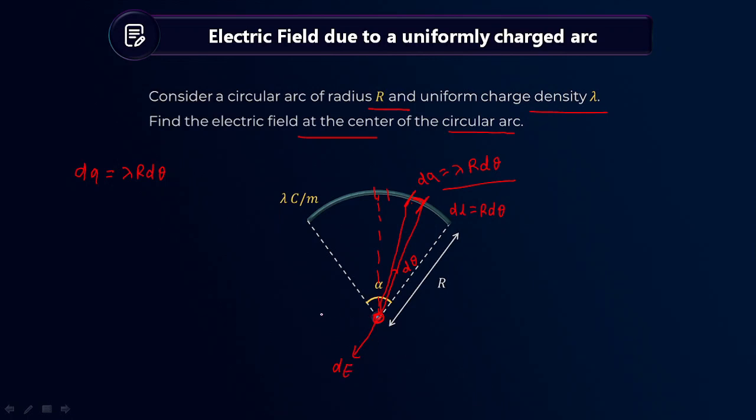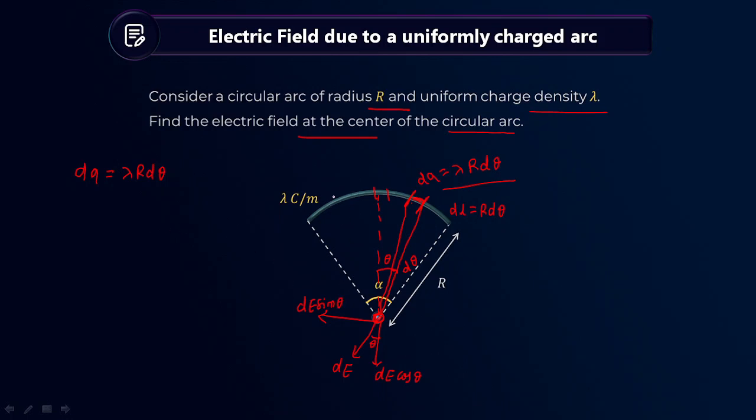So now we can break it in two parts, one in this direction and one in this direction. Let us say this was at an angle of theta from the vertical. So again this angle will be theta. So we have dE cos theta, and this will be dE sin theta.